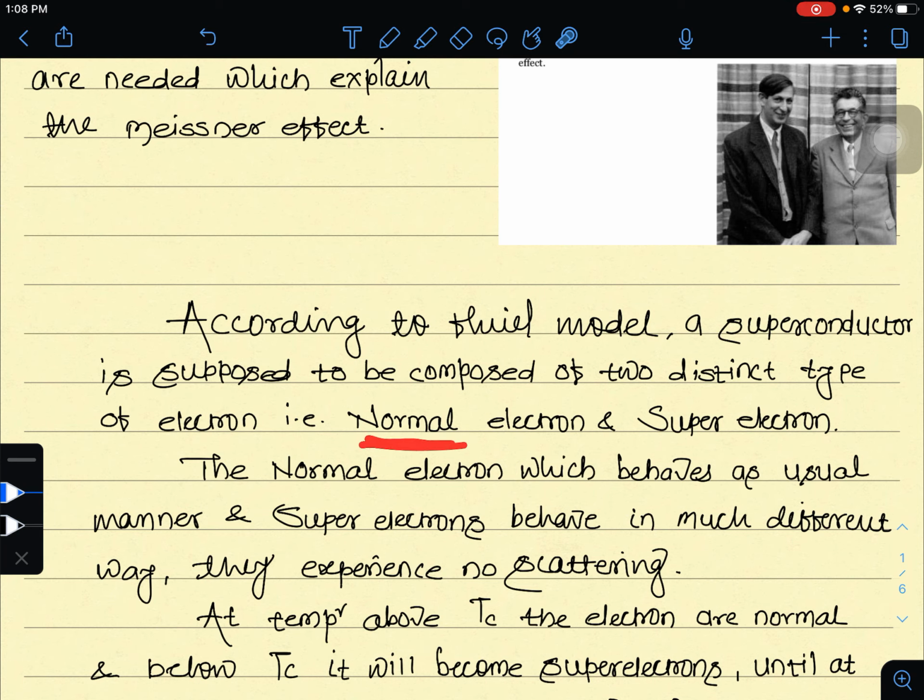One is called the normal electrons and the other is called the super electrons. The normal electrons behave in the usual manner, but the super electrons behave differently compared to the usual manner.